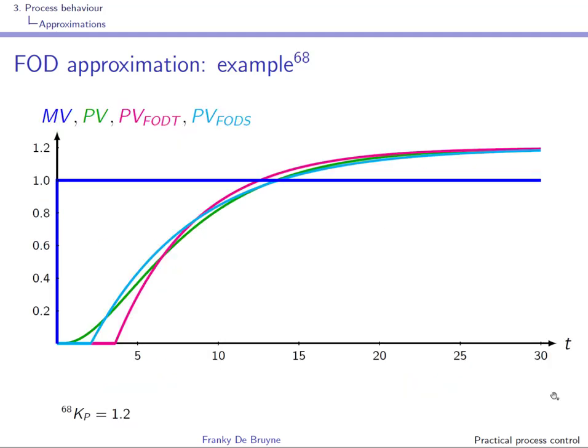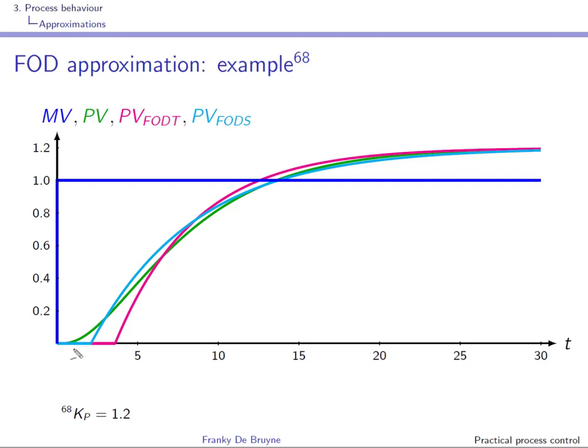Well, here you have the associated step responses. So in green here, the original third order system. This system has a relative degree of 2, so you can see here that in the step response, at the origin we have 0, and since we have a relative degree of 2, we also see that the slope at the origin is 0.